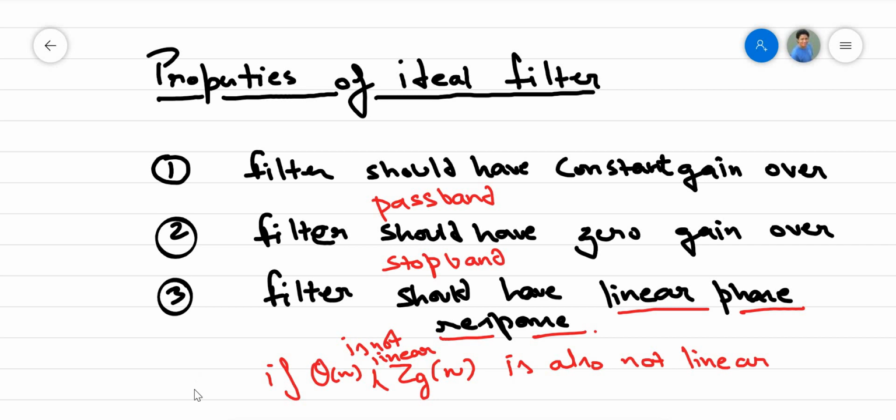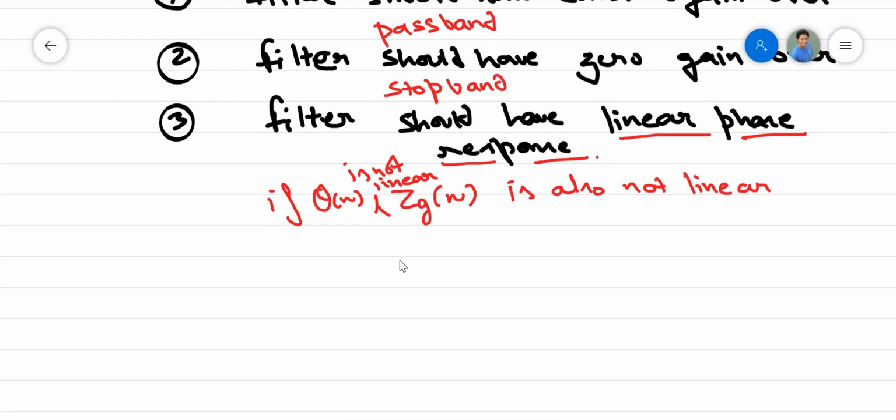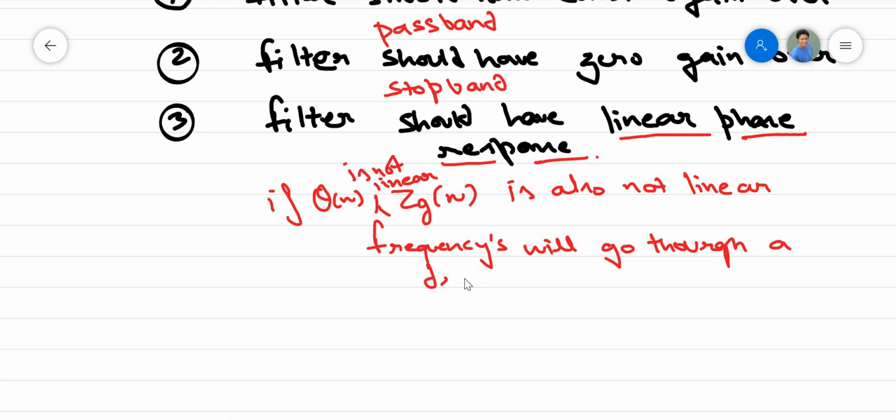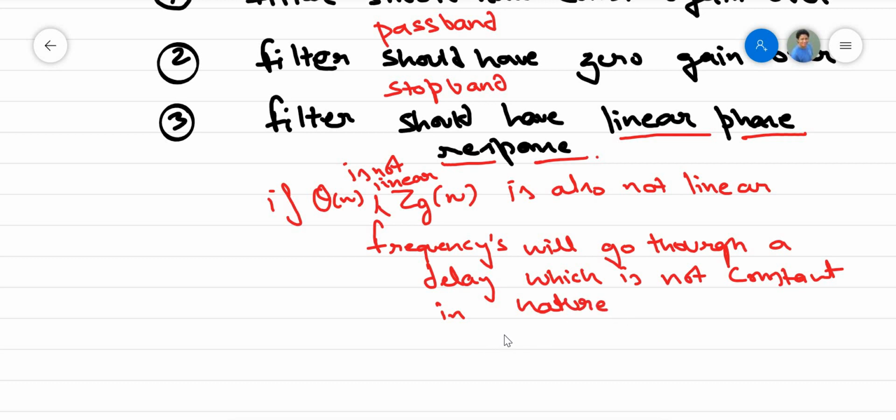That is, frequencies will go through a delay which is not constant in nature. That means our filter will distort.